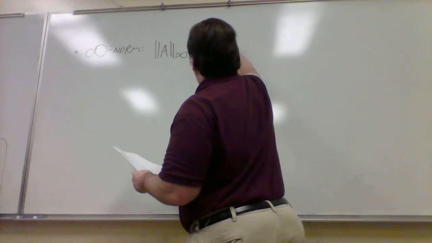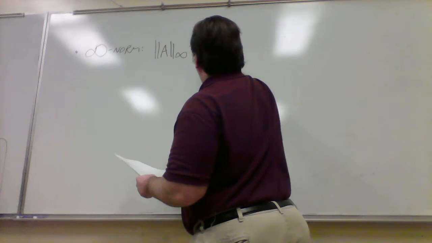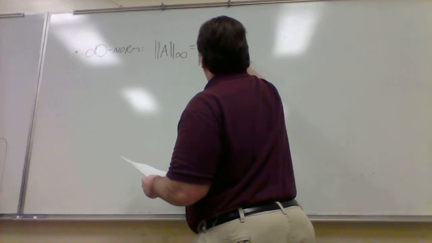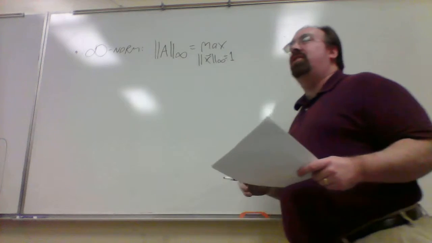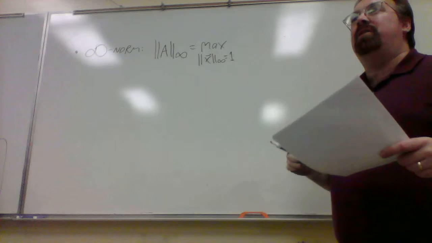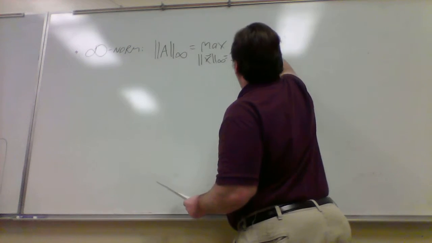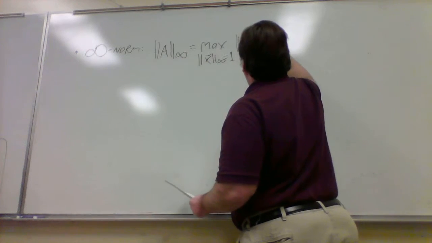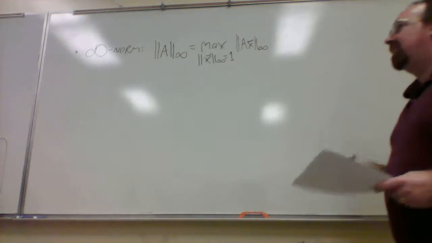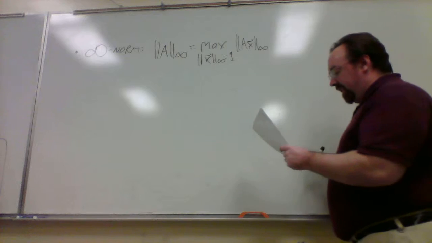So the definition gives us that it's the maximum over all vectors with an infinity norm of 1. So in other words, all vectors such that the absolute value of the largest component is 1. And then you're taking the infinity norm of A times X. But, again, not practical.